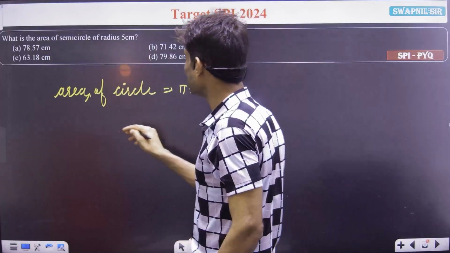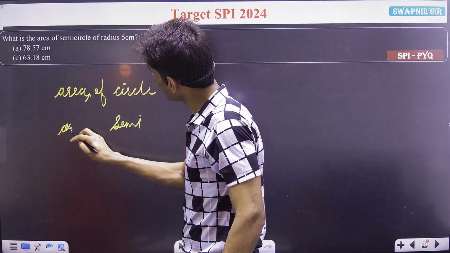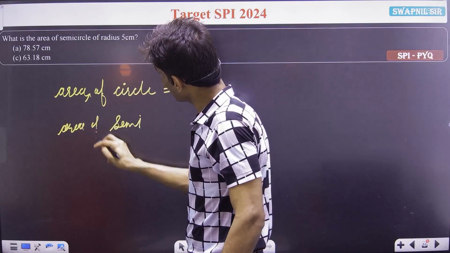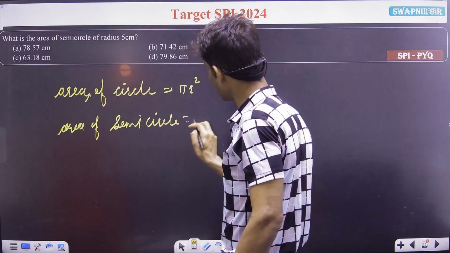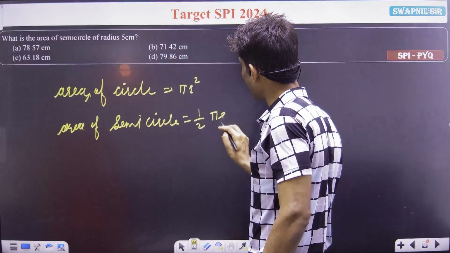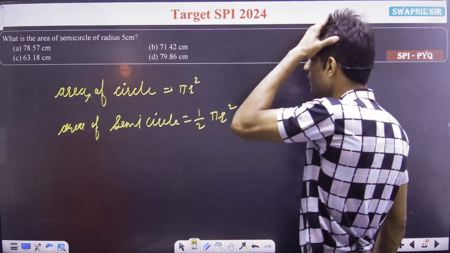Then the area of a semicircle, we write 1/2 pi r square. We write 1/2 pi r square is the area of a semicircle.